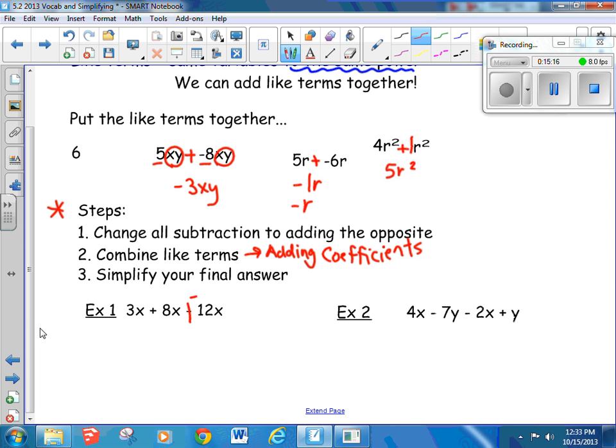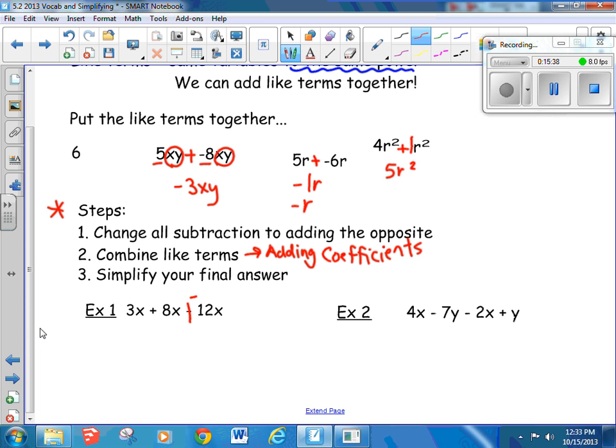Carol? I was thinking, like 5r plus negative 6r, if we change it to addition, wouldn't that have to be 5r plus 6r? That's the mistake that kids make, and it's not, because that 6r is being taken away, so it's like a negative 6.